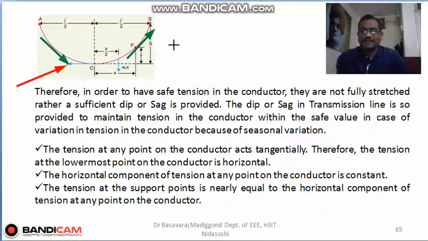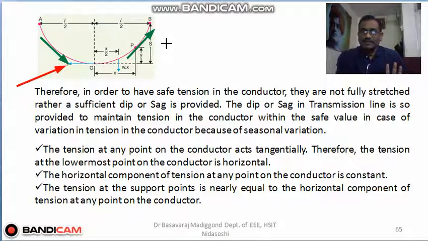Therefore, the tension at the lowest point on this conductor acts horizontally. The horizontal component of the tension at any point on the conductor is constant. This horizontal component of the tension at any point on this conductor is constant.